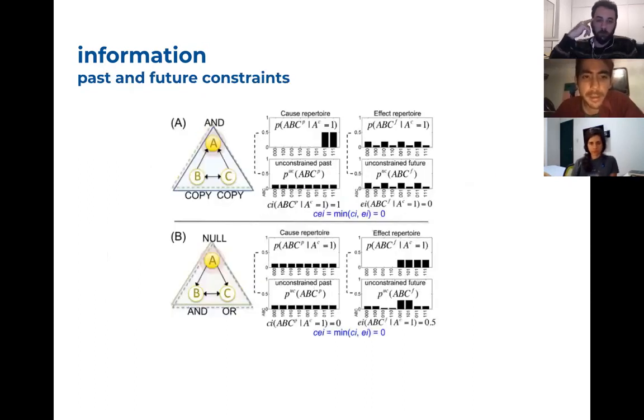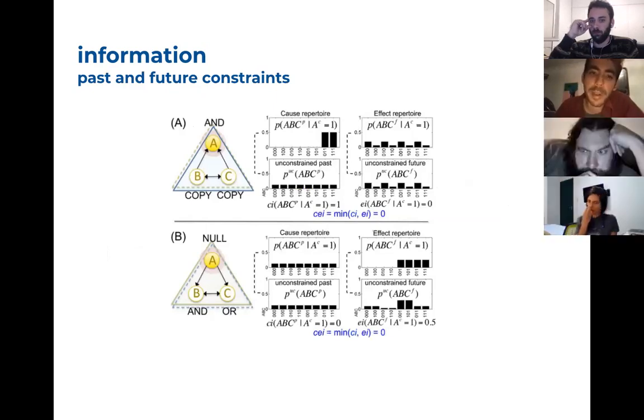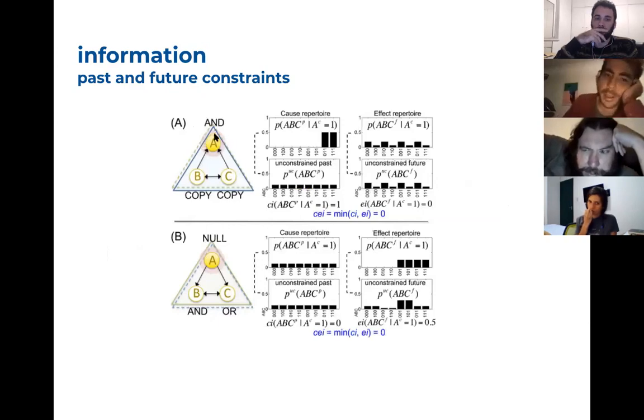But you have to have both past constraints and future constraints. So take for example this AND node, it constrains its past, it knows stuff about what's happening in B and C. So it's selective towards its past, but it doesn't produce effects.